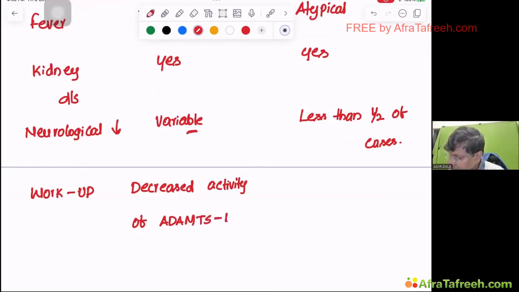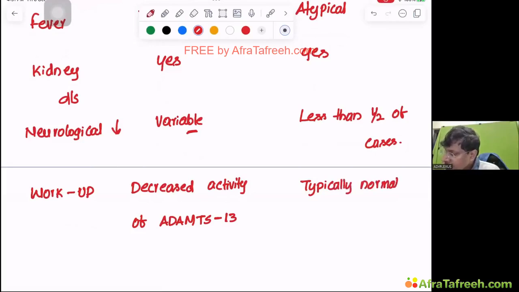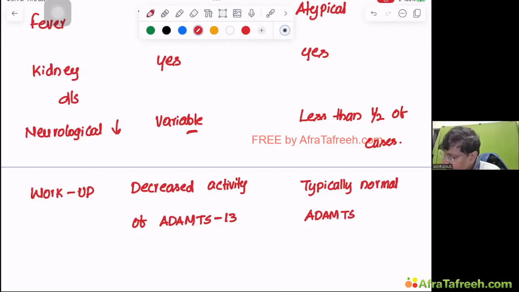Whereas Shiga toxin mediated hemolytic uremic syndrome typically has normal ADAMTS13 activity.